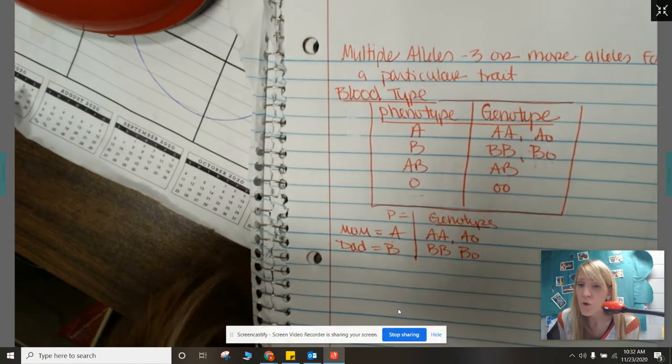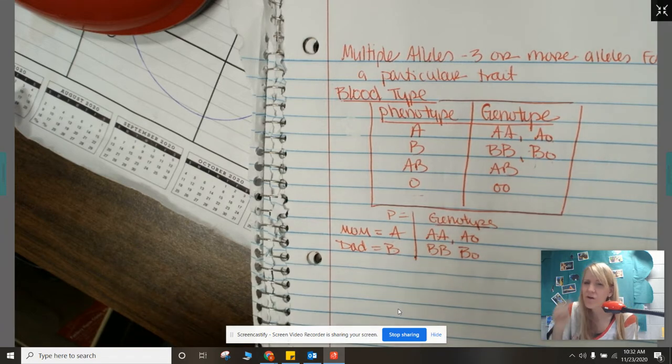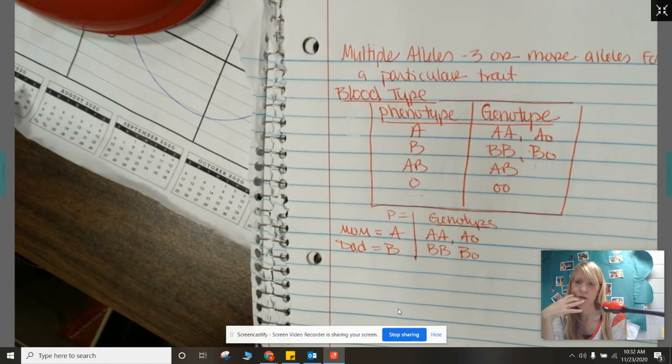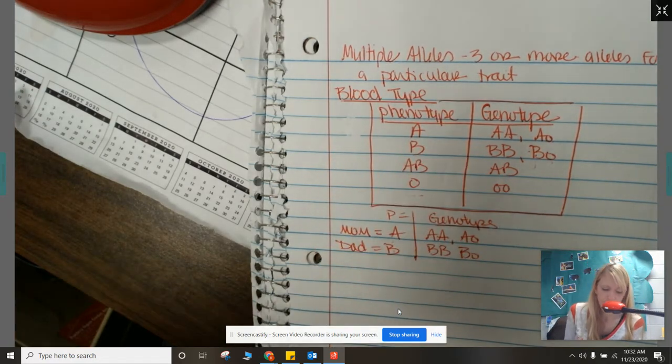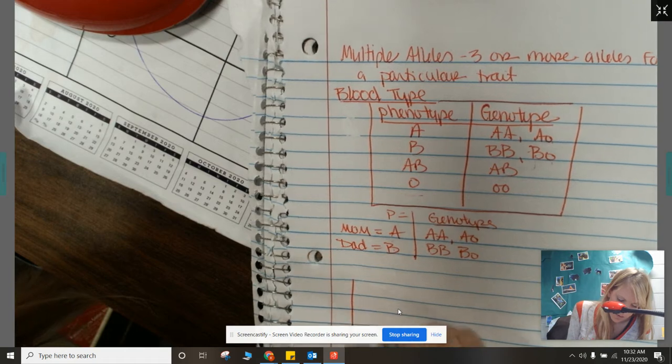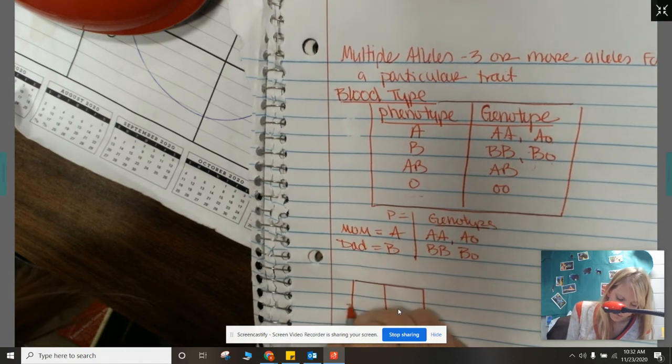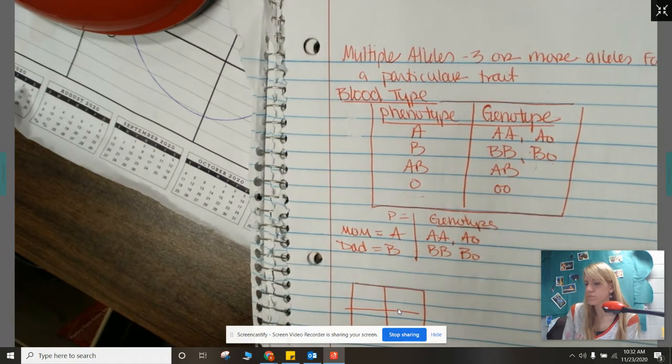Well, how are we going to figure out what's what? What are we crossing again? Are we crossing 2 traits or 1? Monohybrid cross, we're crossing 1 trait. So the trait here is blood type. So we're going to use 1 box, 1 Punnett square. There we go. See that?